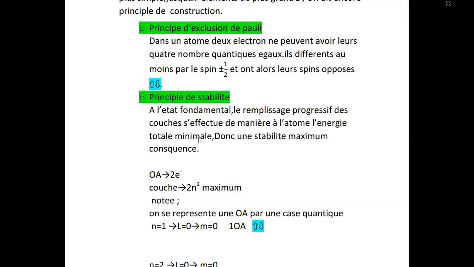And according to stability, for something to be stable, it must have full electrons, each shell full. For example, if you get noble gases, the principle of stability states that all the shells are full.